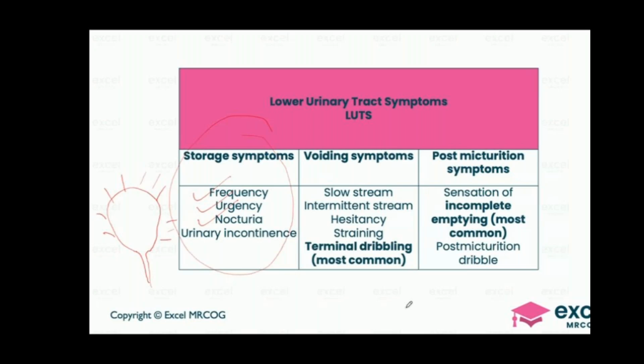Hesitancy means she wants to pass urine, but she cannot initiate. That can happen if there is kinking of the urethra. So you have the bladder and you have the urethra. If this urethra kinks because of whatever problem, say the bladder is falling out and the urethra is kinking, a condition like a cystocele, there you may have hesitancy.